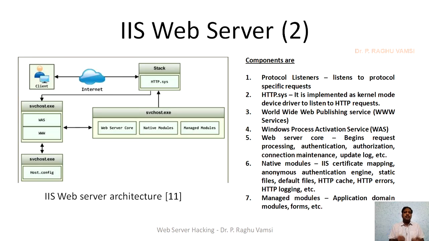Loose coupling in the sense that for every feature there is a separate component available, and all those are highly cohesive and working together to serve the request. So here, client, then internet. From that, the first thing that will take control of the request coming from the internet is the http.sys.